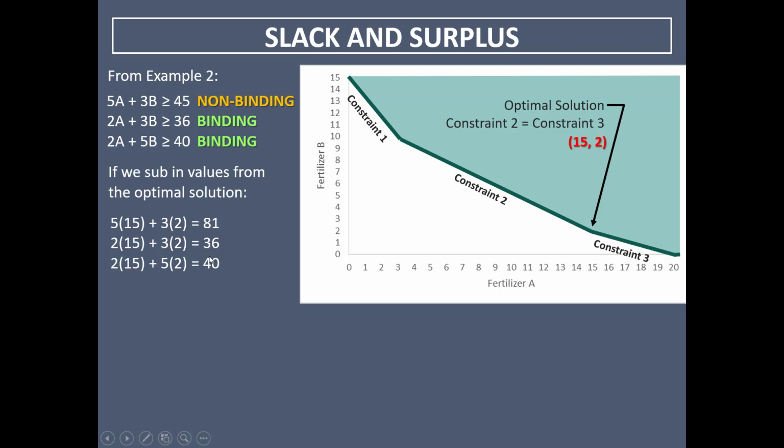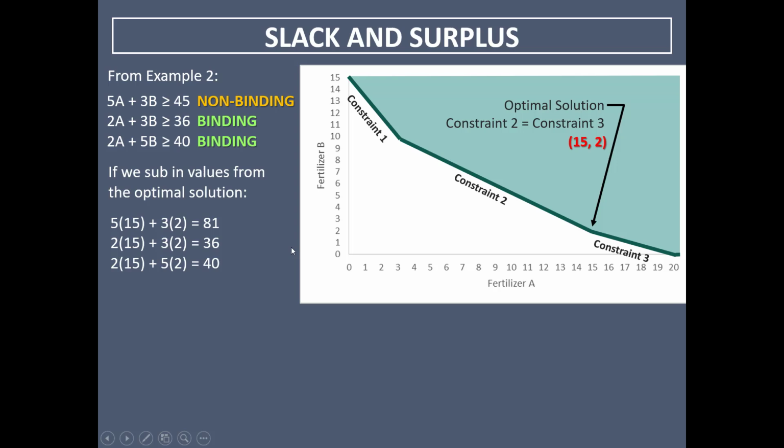The same thing at constraint 3, I'm using that exact bare minimum of 40. These are why the constraints are binding. If I were to alter this in some way, my optimal solution would be changed. I cannot alter these binding constraints as they would have an impact on my optimal solution of 15, 2.